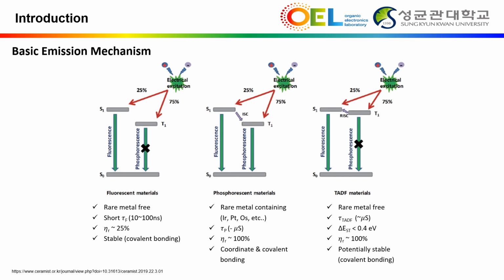Lastly, TADF, or thermally activated delayed fluorescence, is a mechanism that can convert triplet excitons into singlet states through a process called reverse intersystem crossing. This is possible when the energy gap between the lowest singlet excited state and the lowest triplet excited state is small, typically less than 1.4 electron volt.